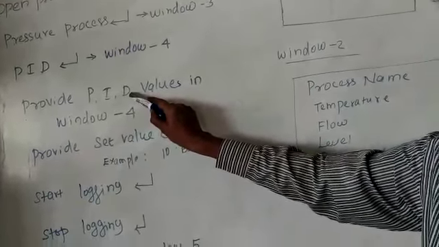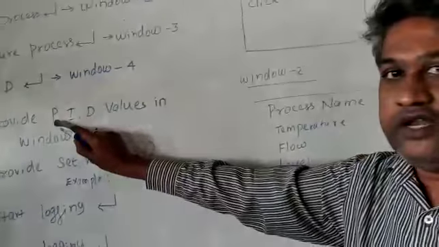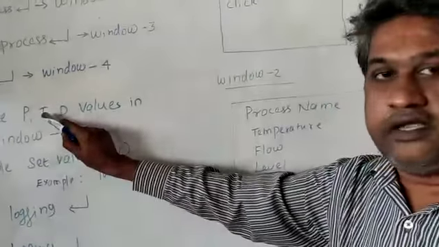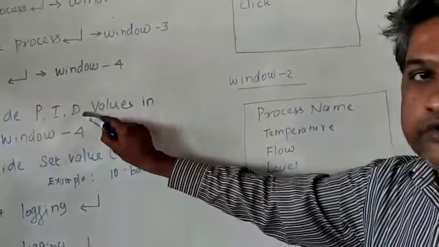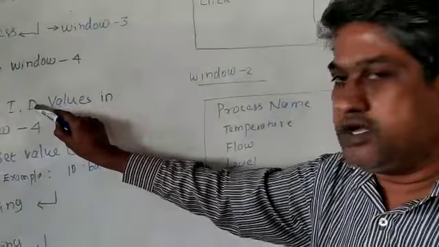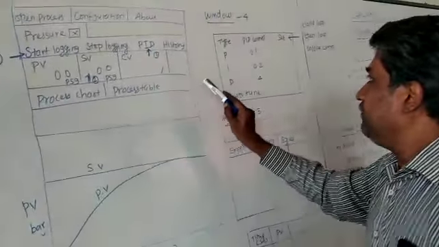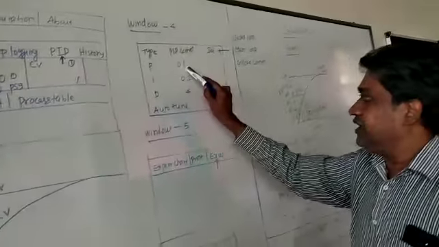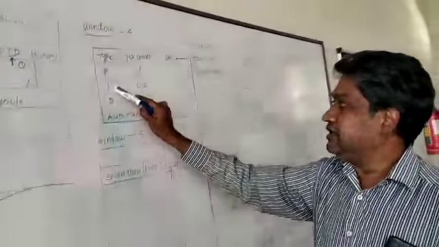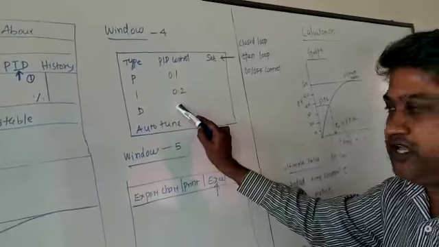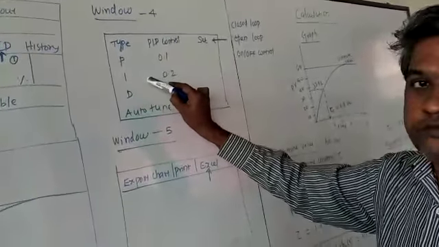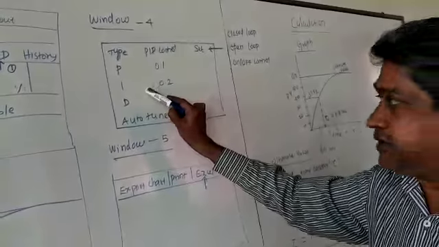If it is a proportional controller, you provide only the proportional value, and the integral value is 0 and the derivative value is 0. Here we are going to use a proportional integral derivative controller, so you provide proportional value 0.1, integral value 0.2, and derivative value 4. It means that you are going to control your process using a PID controller.